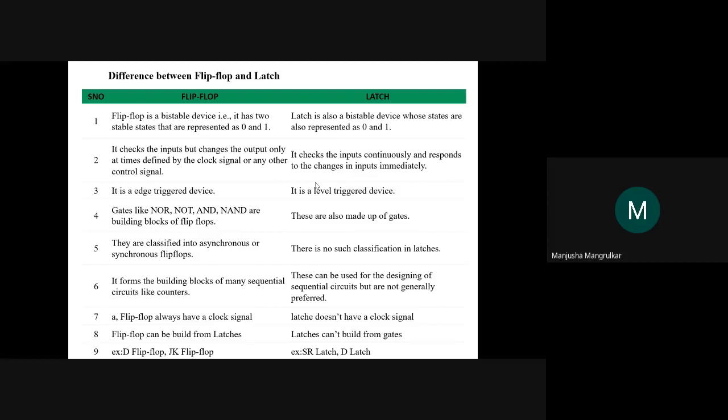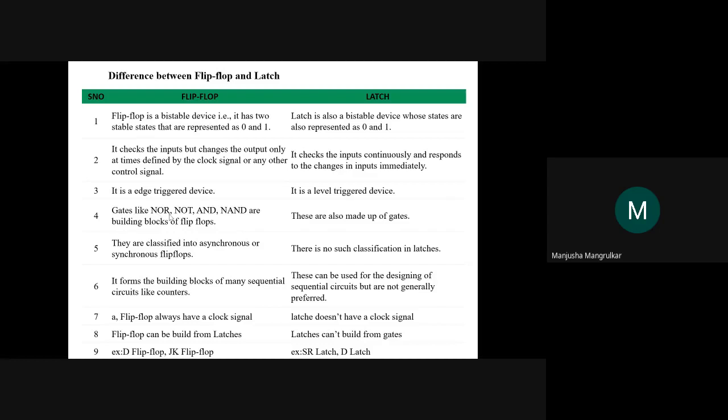So the flip-flop is an edge-triggered device. Edge-triggered means it depends on the clock pulse. When the clock is rising up, that is called edge triggering. And latches are level-triggered devices.